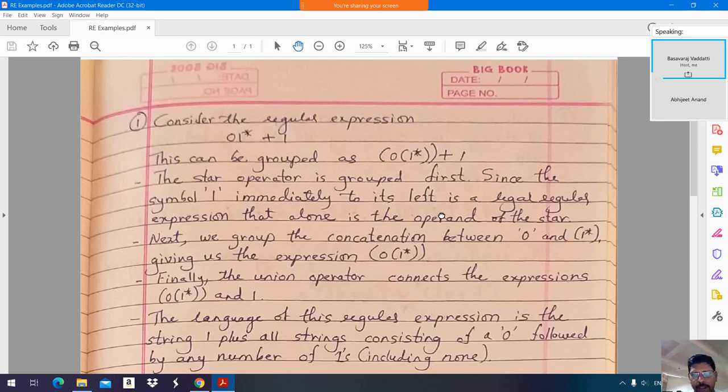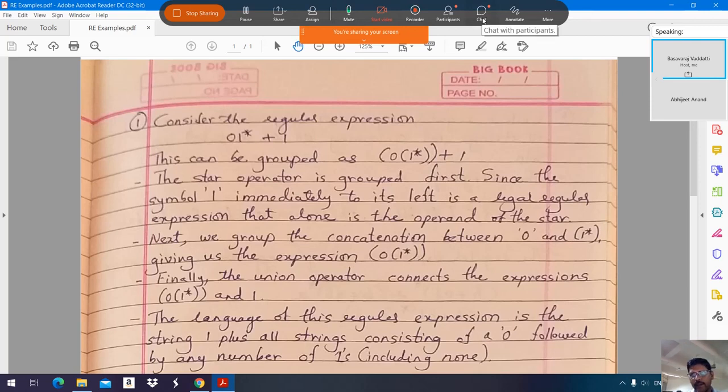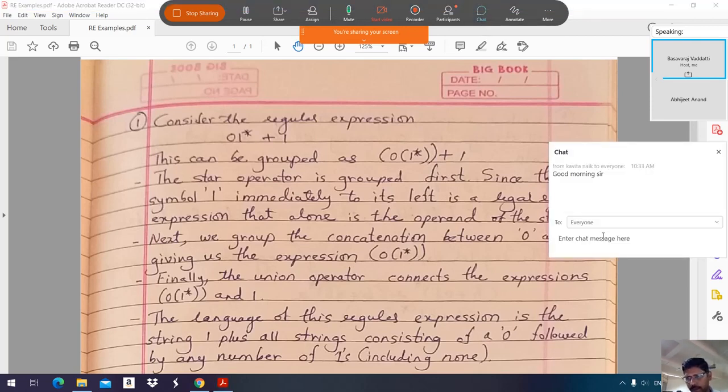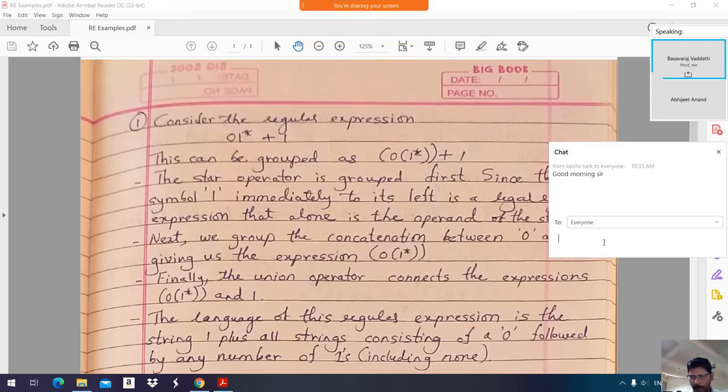Okay, fine. We'll proceed with today's concepts. Let us consider one regular expression I wrote here, that is 0 1 star plus 1. And before that, let me ask all of you: what are the three main operators of regular expression?